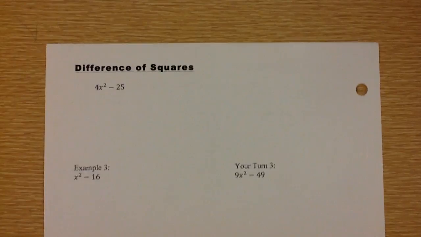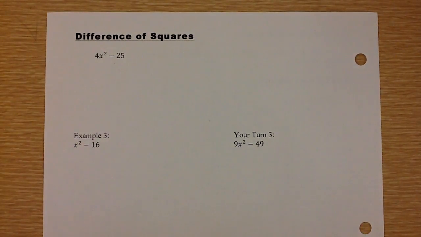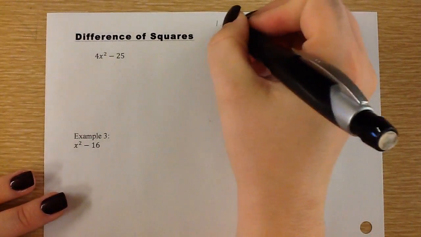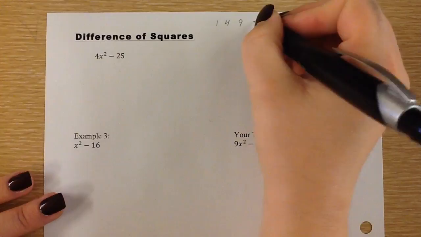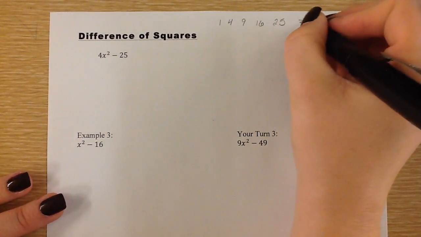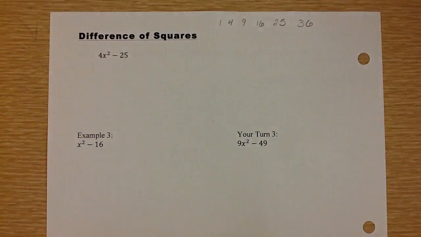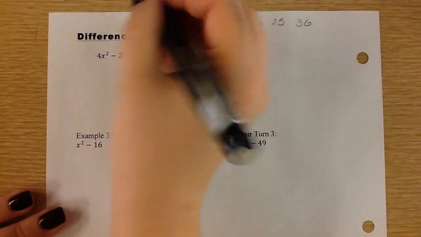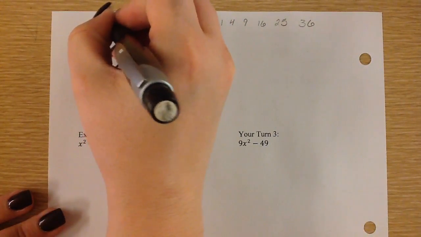Okay. All right, difference of squares. If you remember from our square root discussion, we talked about our square numbers, like 1 squared, 2 squared, 3 squared, 4 squared, 5 squared, and so forth, 6 squared. So we should be pretty familiar with our square numbers. A difference is only subtract.